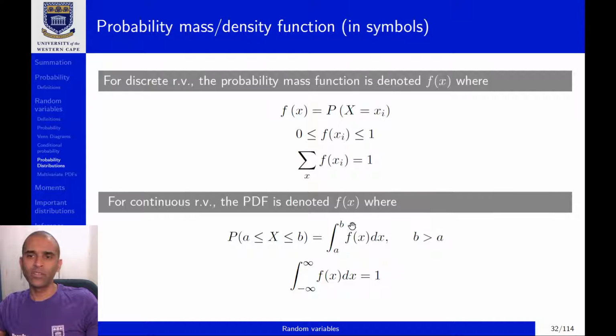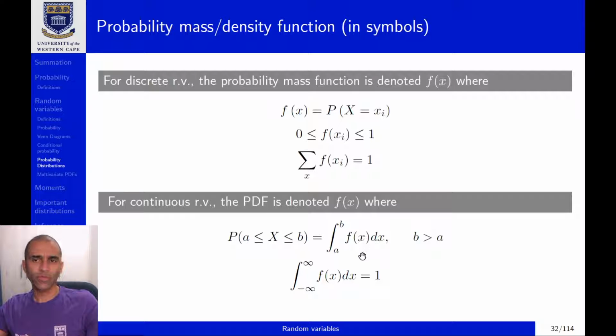In the continuous case, we merely integrate over f of x between two values to find a given probability. So recall that in the continuous case, in general, you don't have point probabilities, you don't have probabilities that X takes on a specific value, but rather you have a probability that X lies within some interval between two given values, a and b.